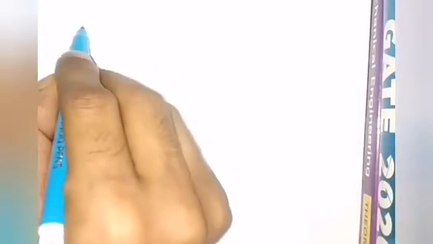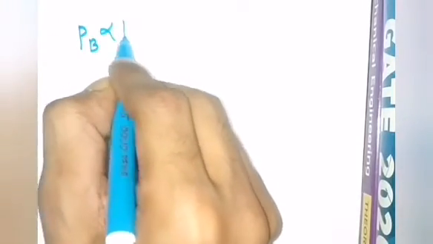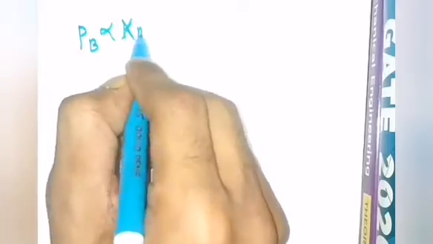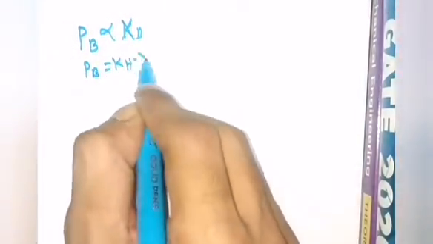Now come to the graphical representation of Henry's law. This is nothing, it's a very easy thing. You know the equation of a straight line, a straight line passing through the origin. Just make a graph over here. Already I have told you the equation of Henry's law: PB is directly proportional to XB, so we have written PB is equal to KH into XB.